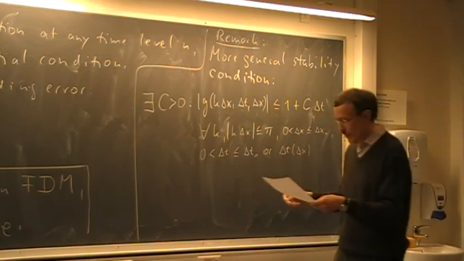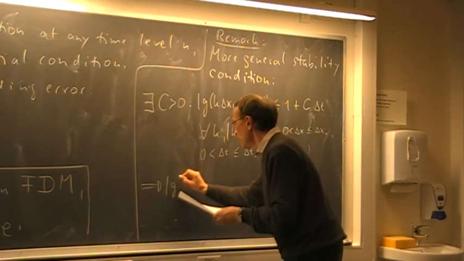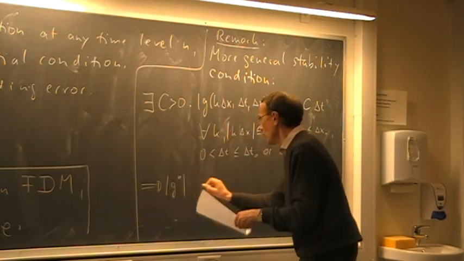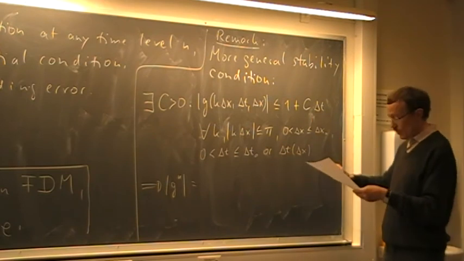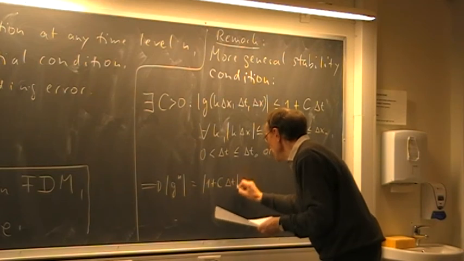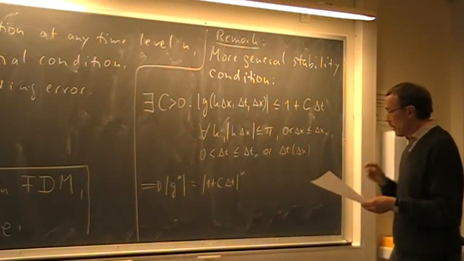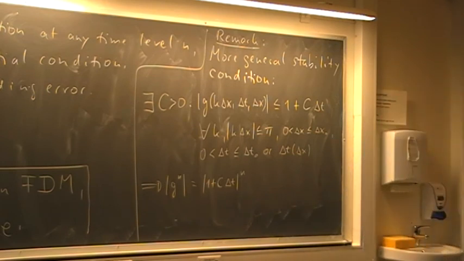And just to see what this means, the amplification factor g to the power n will be 1 plus c delta t to the power n. And this can be regarded as the first two terms of the Taylor expansion of e to the c delta t.